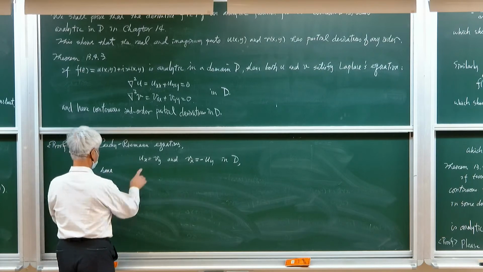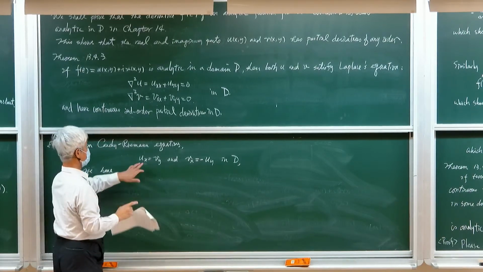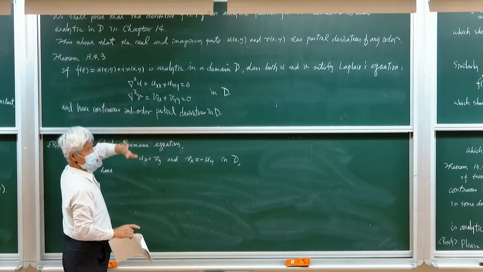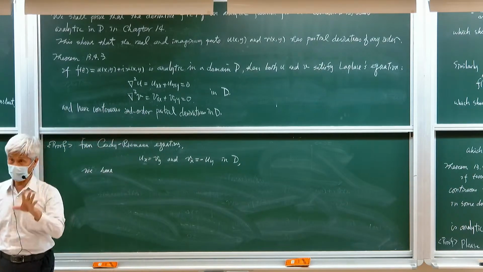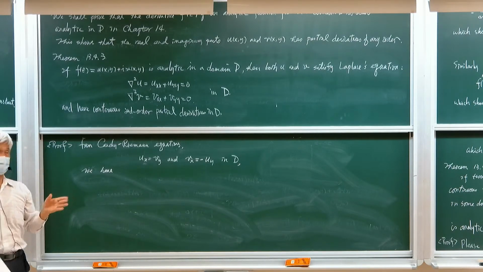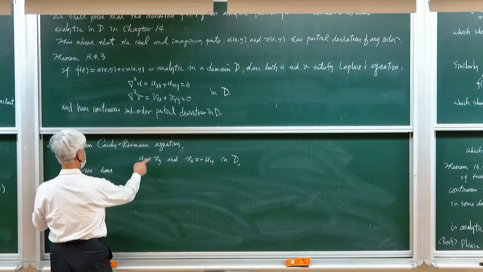Now we further, because we know that u and v have partial derivatives of any order, and that these values are all continuous.